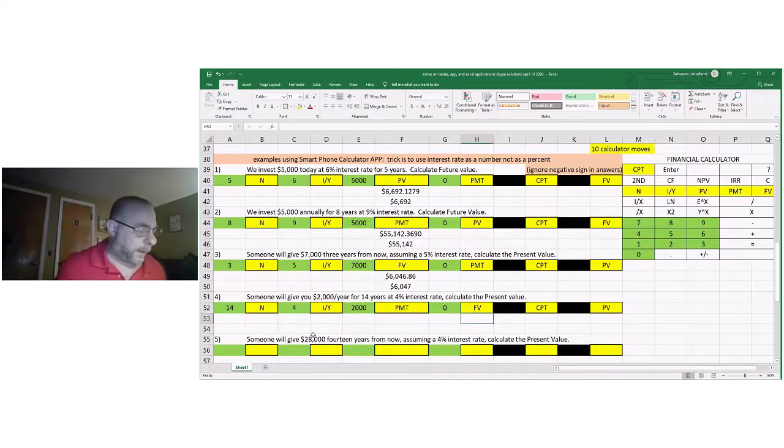So if we do that math, 14N, 4 I/Y, 2,000 payment, 0 for future value, compute present value, I get $21,126.2459 on the calculator, which rounds to 21,126.